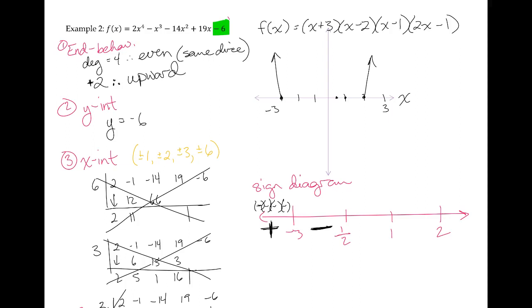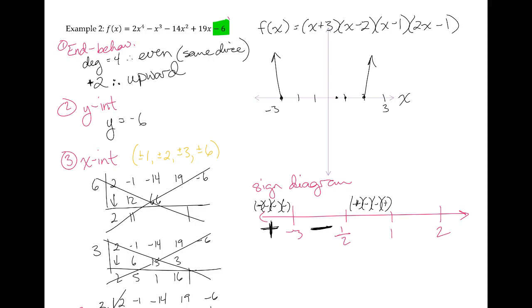In here, you're dealing with like 3/4 plus 3 is going to be positive. 3/4 minus 2 is going to be negative. 3/4 minus 1 is going to be negative, bigger. 6/4 or 1.5 minus 1 is going to be positive.